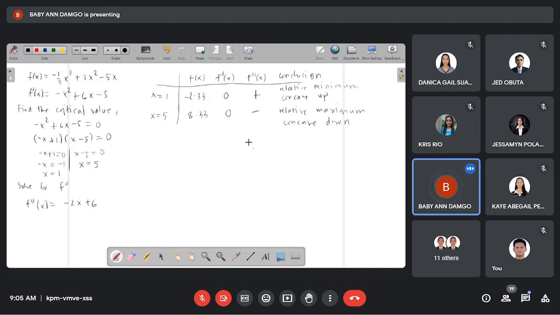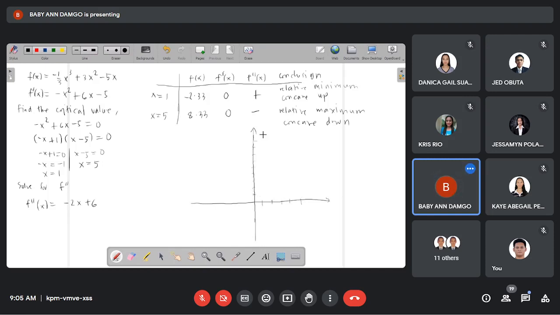On the axes, we have 1, 2, 3, 4, 5, and 1, 2, 3, 4, 5, 6, 7, 8, 9.